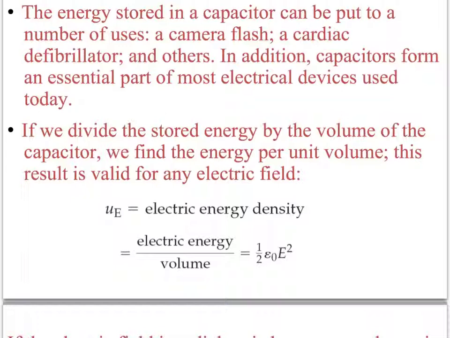This result is valid for any electric field. So we get that 1/2 times epsilon naught, which was the permittivity constant, times the electric field squared is equal to the energy density.